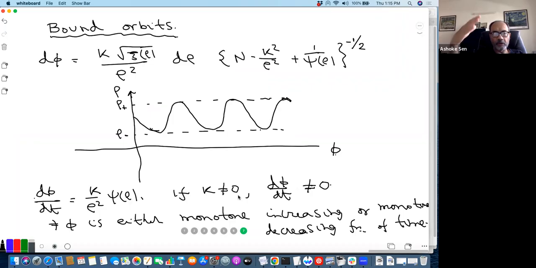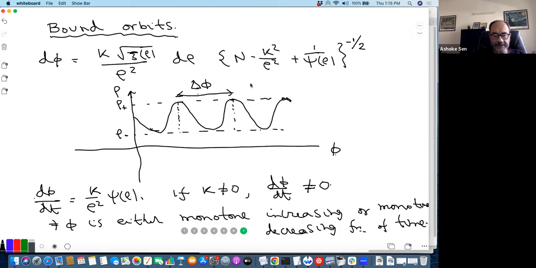But rho keeps varying. Rho is bounded, so it oscillates between some maximum and minimum value. And this is the motion that you have to study. Now, the quantity of interest for us will be this difference, let me call it delta phi.